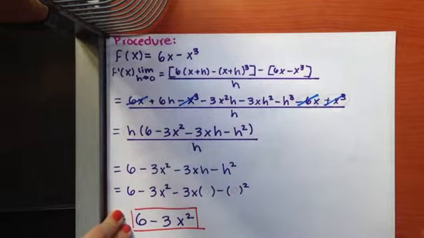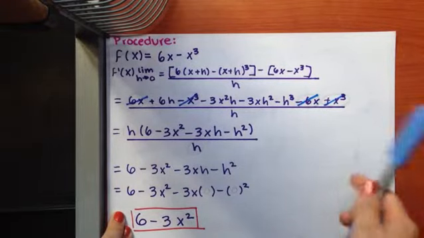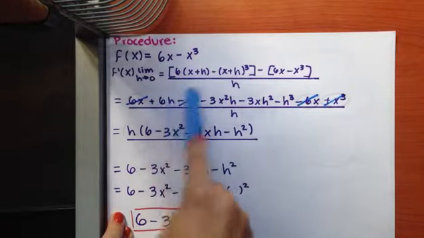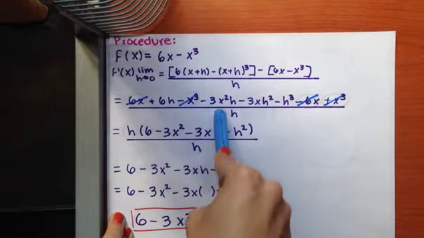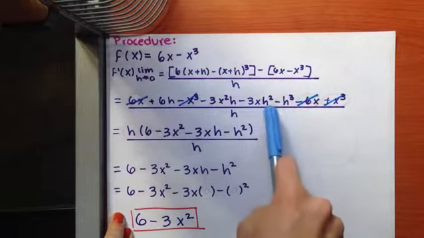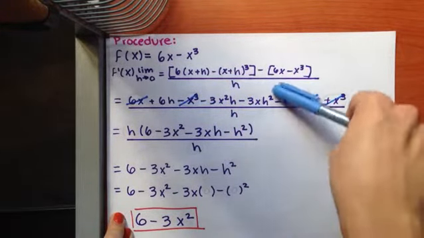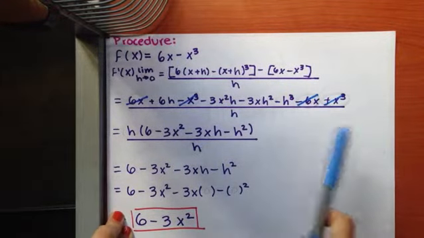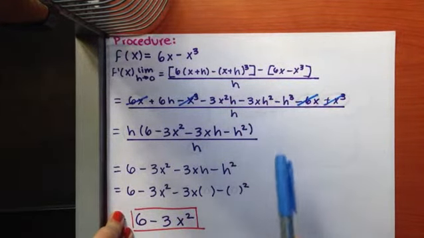The next thing we have to do is get out any common factors. In this case it will be the h, for example 6h minus 3x elevated to the second power times h minus 3x h elevated to the second power minus h elevated to the third power. This will be the outcome.